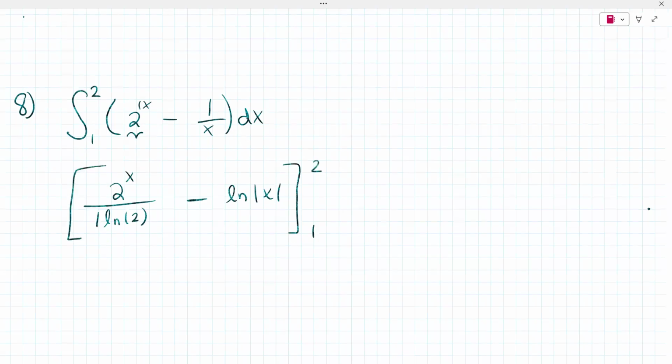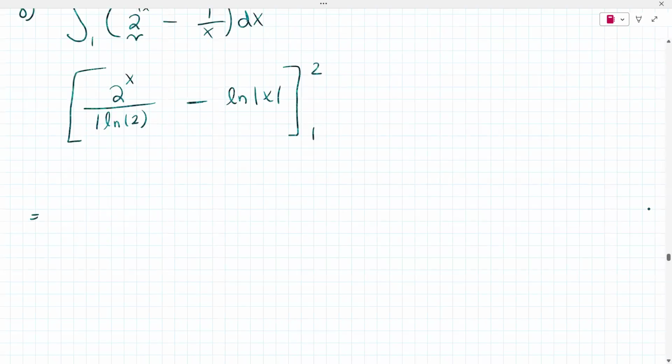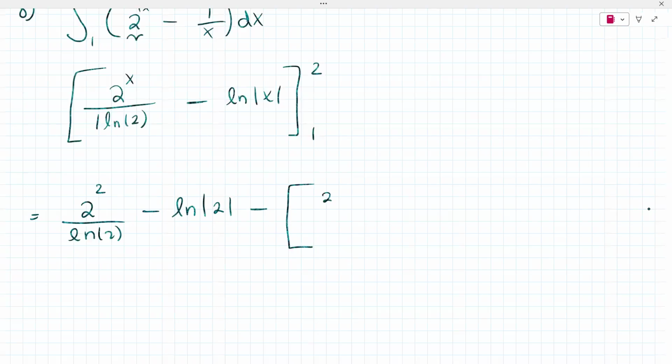So apply upper minus lower. So this is going to be 2 squared over ln of 2 minus ln of absolute value 2, minus, and then do the lower. 2 to the 1 over ln of 2 minus ln of absolute value 1.